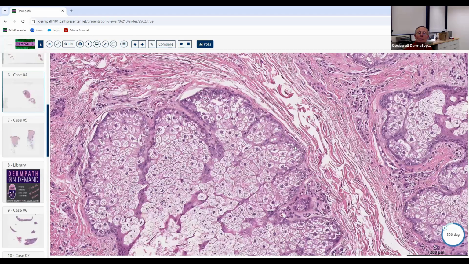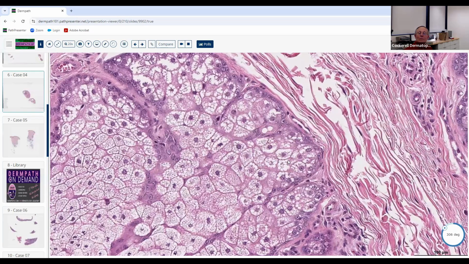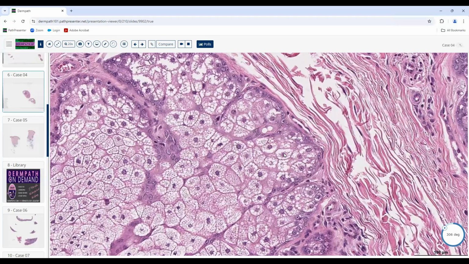What are those two cells I'm pointing to right there? What's this cell? Like a sebocyte? That's a mature sebocyte. Yes. And what is this cell? Is that a basaloid cell? It's a stem cell. Yes. It's a basaloid, basophilic stem cell of the sebaceous gland.